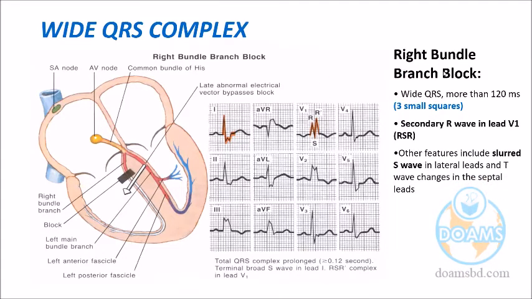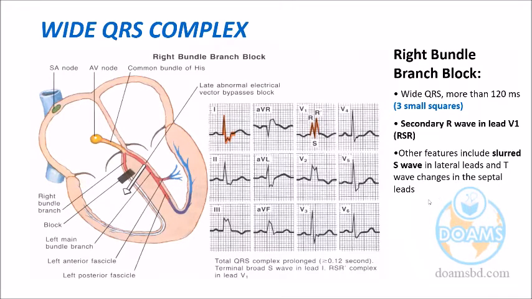If it is so, the description we are telling is right bundle branch block, wider than 3 small squares. There is a secondary R wave in V1, this RSR pattern creating an M shape. Another name for this is fractionation.